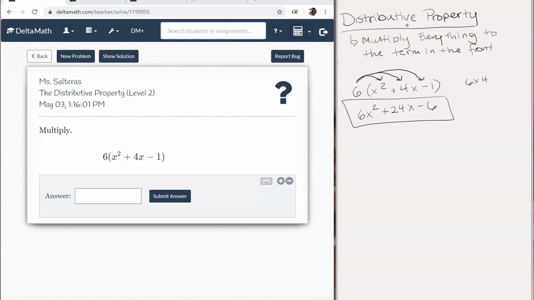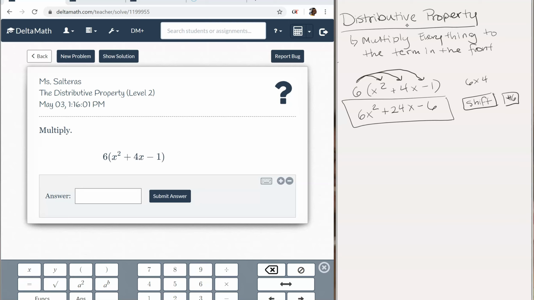So if you have not watched the other videos, in order to get that exponent, instead of using your keyboard that Deltamath gives you, you can hold Shift and then press the number 6. That's going to give you the caret button for exponents.